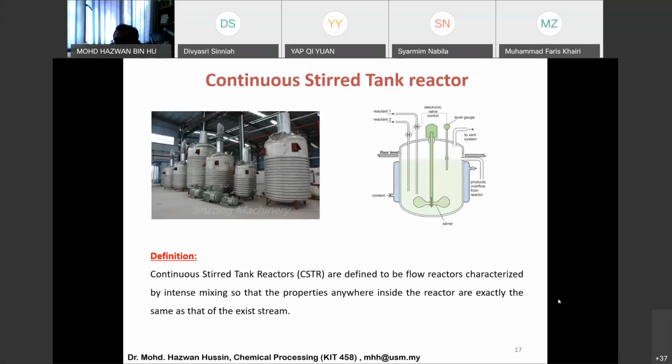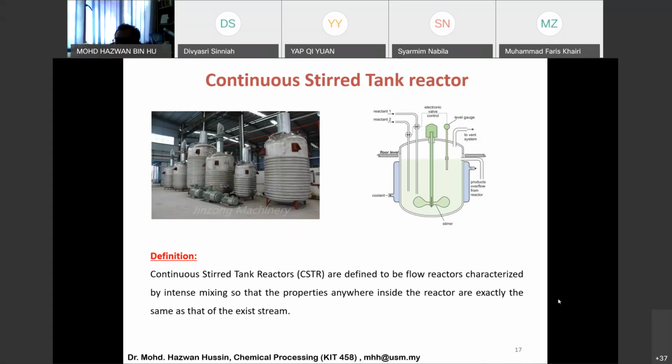So for the continuous stirred tank reactor, you can see over there that they have an agitator, which is the stirrer. Any reactor normally has a stirrer, but over here you will see that there's a pipe or an inlet that shows reactor 1 and reactor 2, a valve that can charge the reactant continuously. And they also have a flood level.